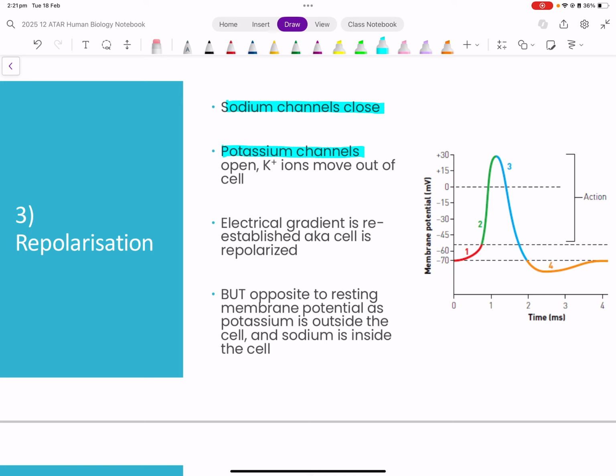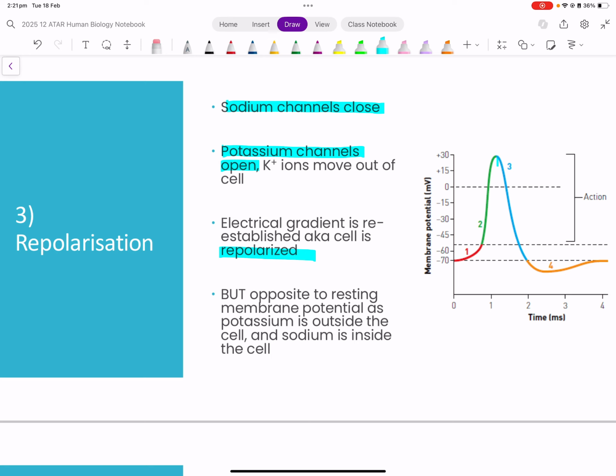A key part here is that potassium channels open, and they are in a higher concentration inside the cell, so they move from inside the cell to the outside of the cell. And what this means is that, as we can see in our graph over on the right, the charge decreases. That membrane potential quickly returns to a negative number as that electrical gradient is re-established and the cell membrane itself is, keyword here for our stage, repolarized.